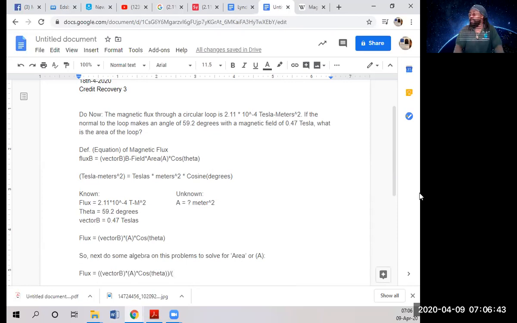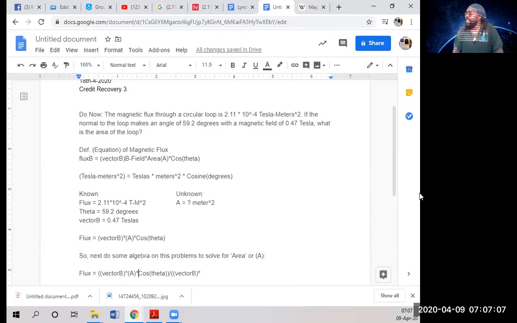I divide, and everything in these parentheses divides together. So I'm going to say, hey, I want to get rid of, for instance, vector B, because I want to get A by itself, so I have to divide by that. Go ahead and take that and put it here. And I also multiply by, because this is inside the parentheses, these are going to be together when they divide.